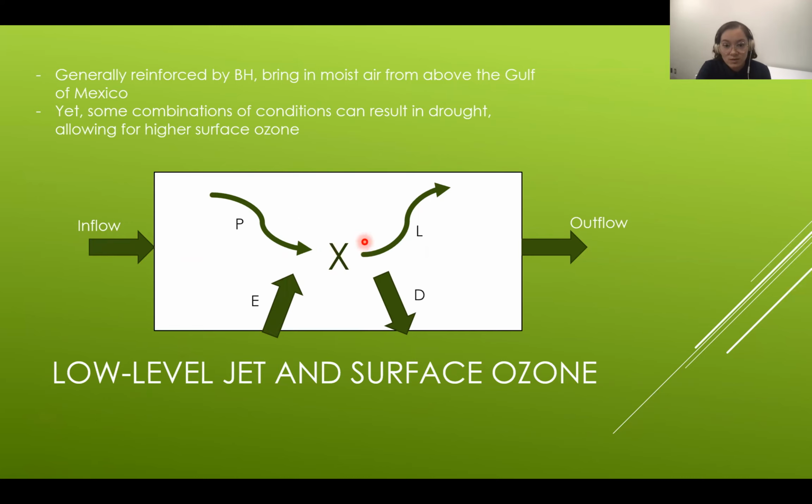And any moisture that was in Houston would have been transported out to the Great Plains, causing drought conditions where, again, this dry air without any moisture in it, and also the stagnant nature of the air, would result in higher ozone production.